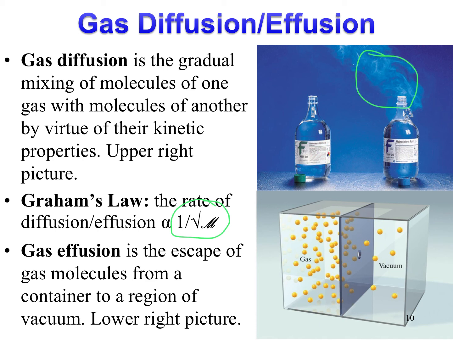Thus, the cloud of ammonium chloride appears mostly around the source of the hydrogen chloride, which is the hydrochloric acid. Gas effusion is the escape of molecules from a container into a region of vacuum. The picture to the lower right shows gas escaping from the left side through a hole into the vacuum on the right side.